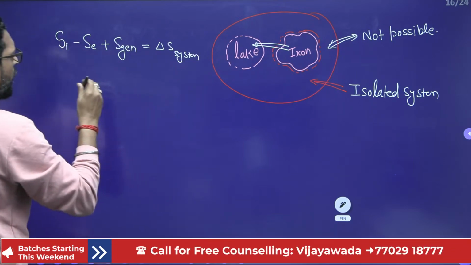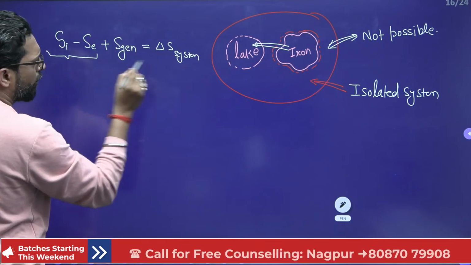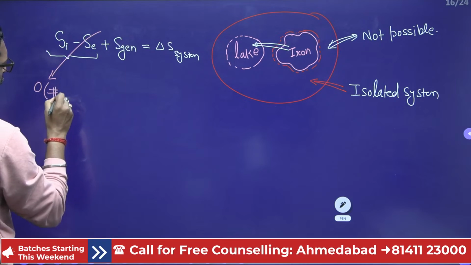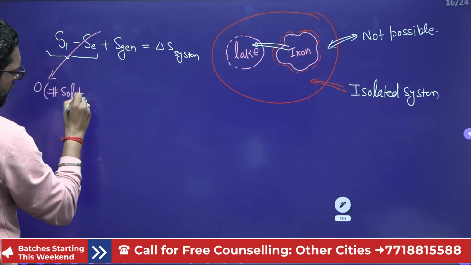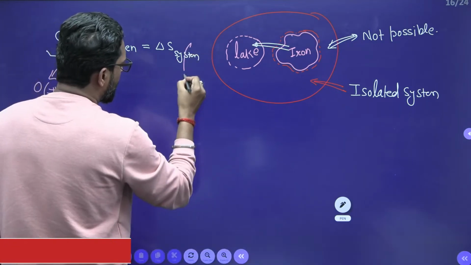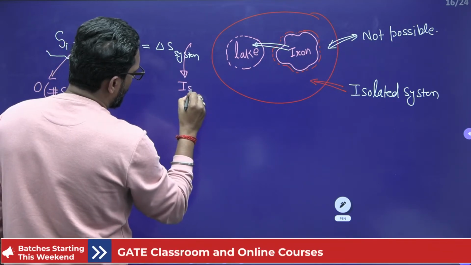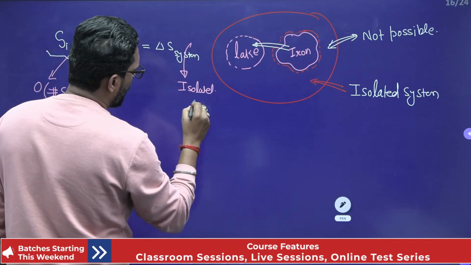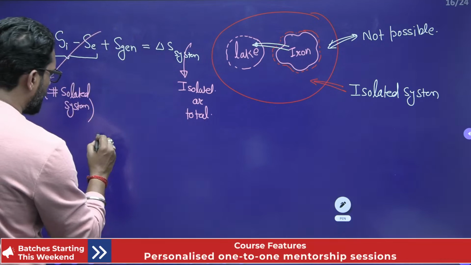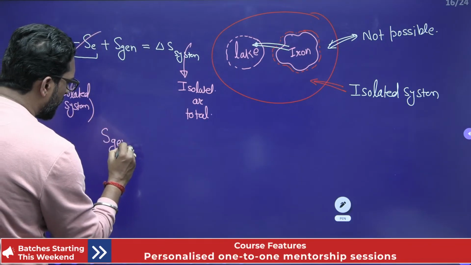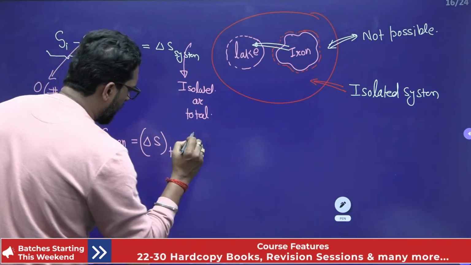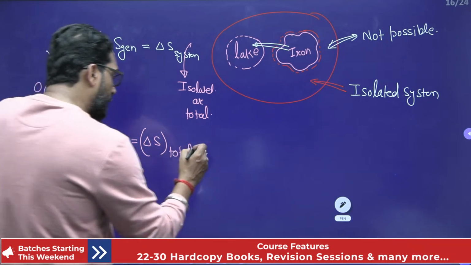Now there is no S in or S out, because it is an isolated system, so these are 0. That means the S generation is equal to the change in entropy of the total.